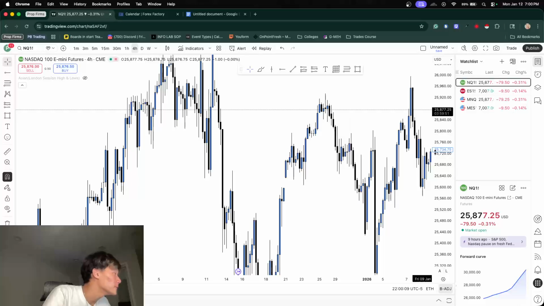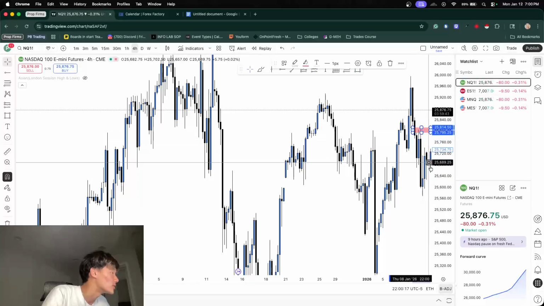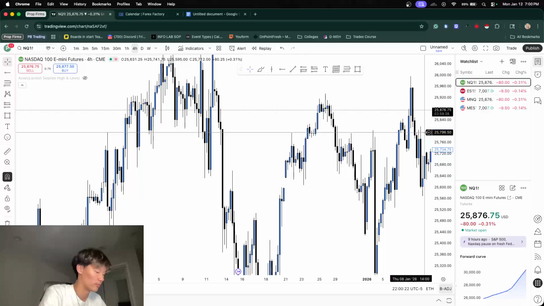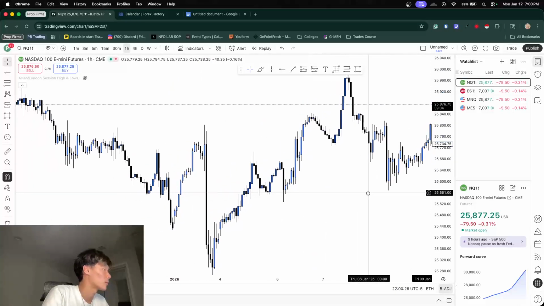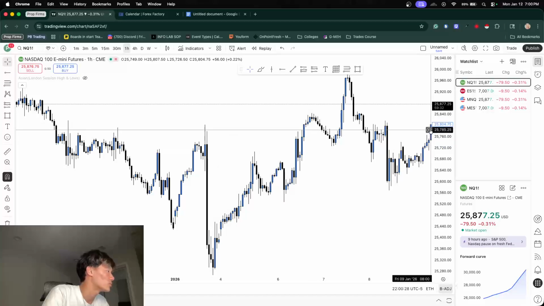On the 4 hour, it looks like we respected this bearish fair value gap. See, it wicks and just keeps going down. But it's possible we could be going back up. Oh, yeah, there, this is when it goes up.